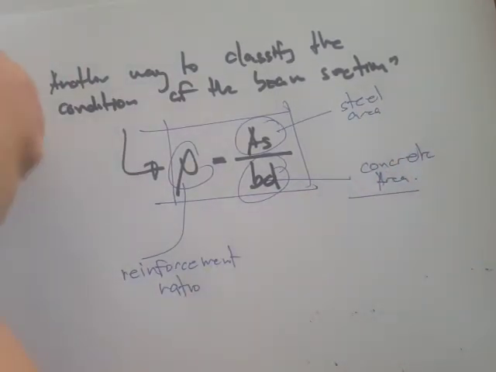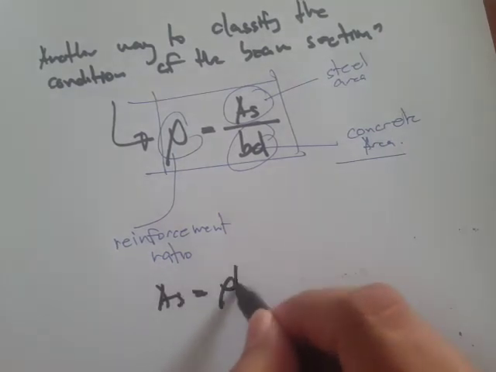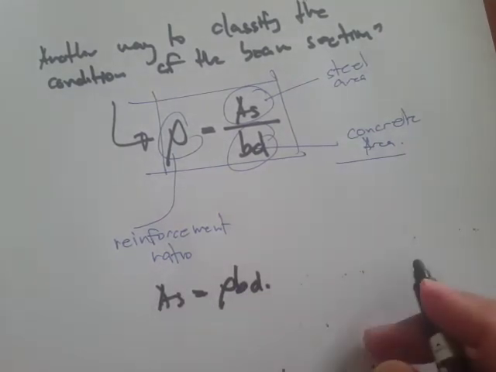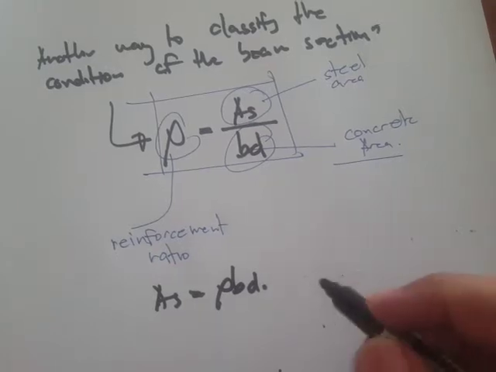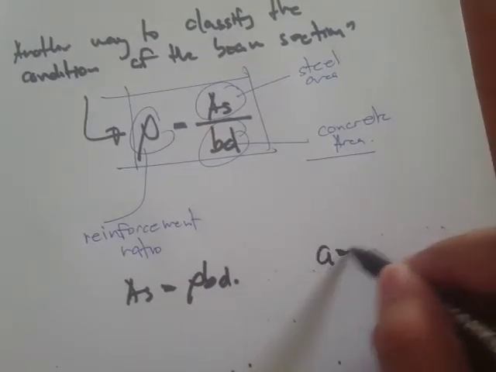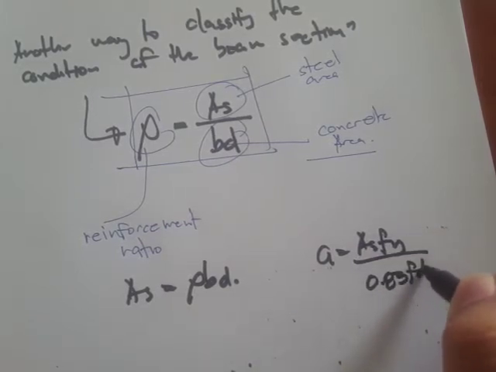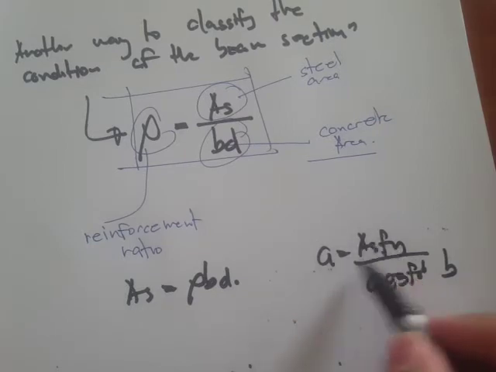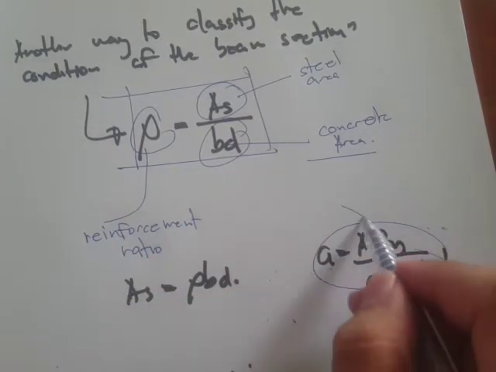So if we try to solve for As using this equation, we have As = ρbd. Now recall the equation a = As fy / (0.85 fc' b). From this, we can substitute As here.